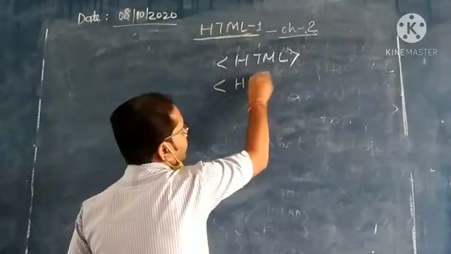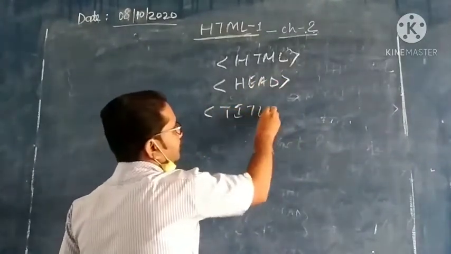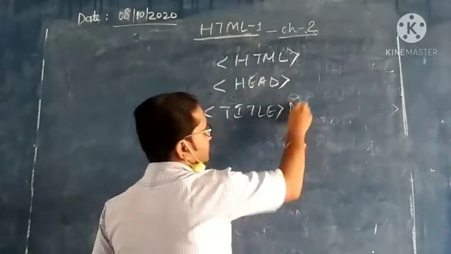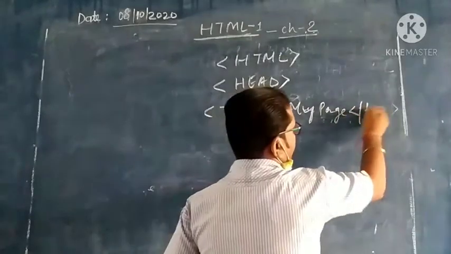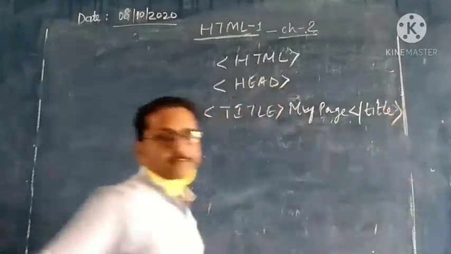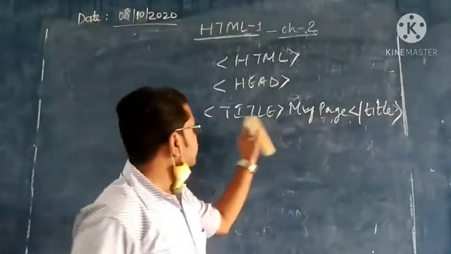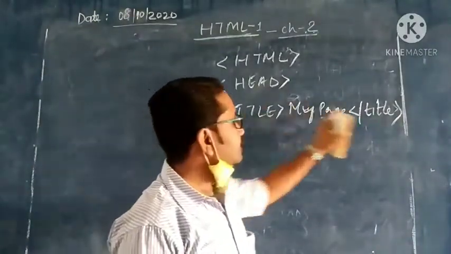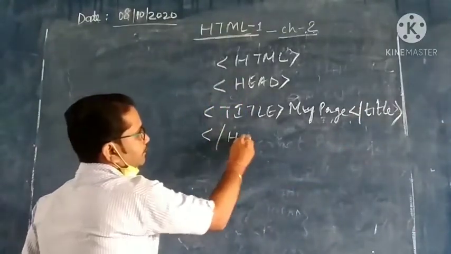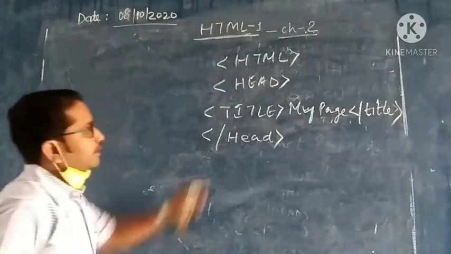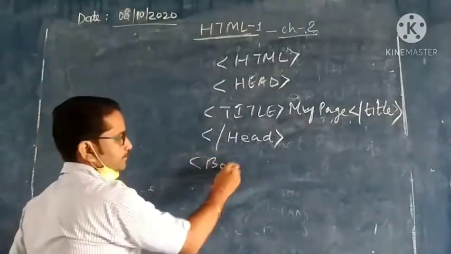First HTML, after that head, after that title will come. We have to give a title. I give it my page. The title will be closed because it is a container tag. After that head is closed.